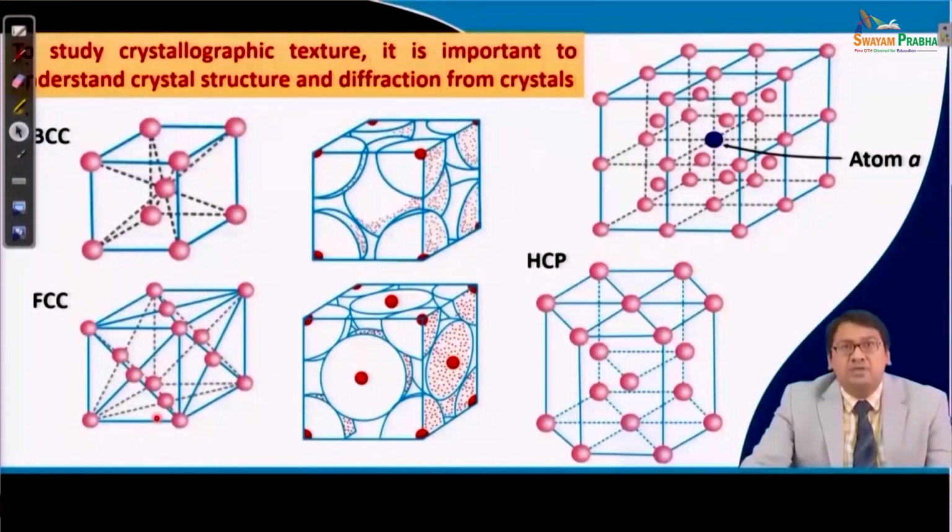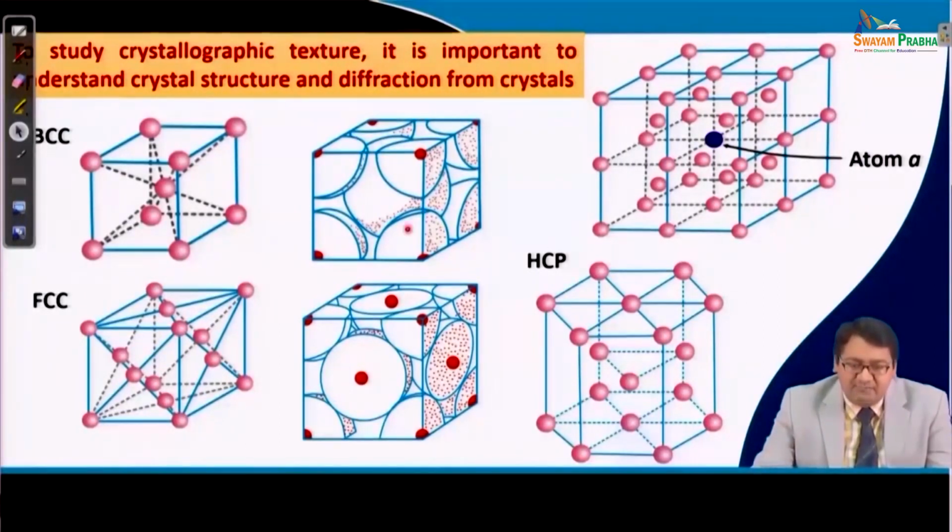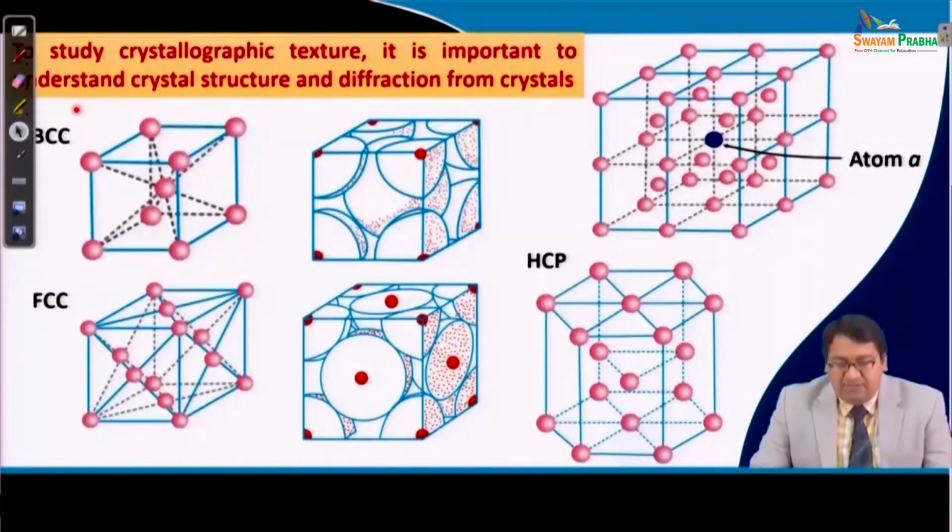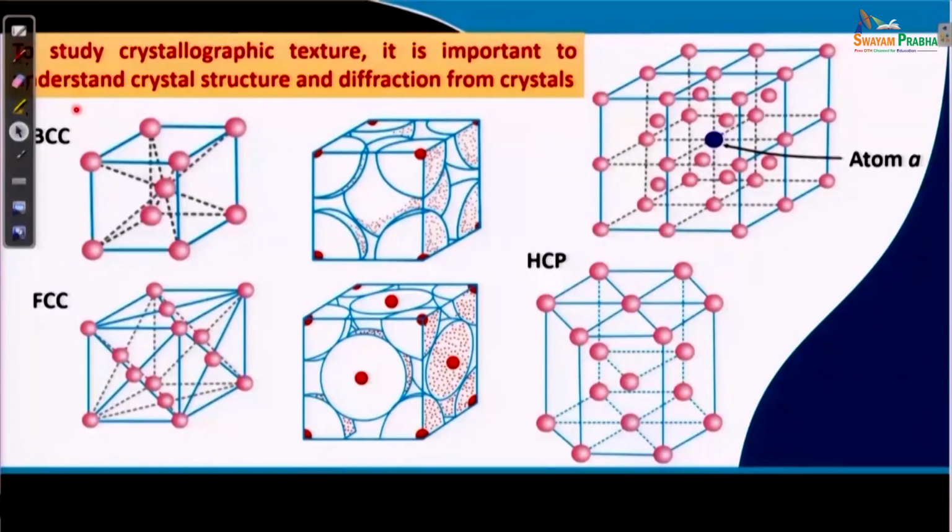You see, in order to study and understand the crystallographic texture, it is very important to have the knowledge of crystal structure and therefore, the knowledge of diffraction that can be obtained from the crystal structures are important.